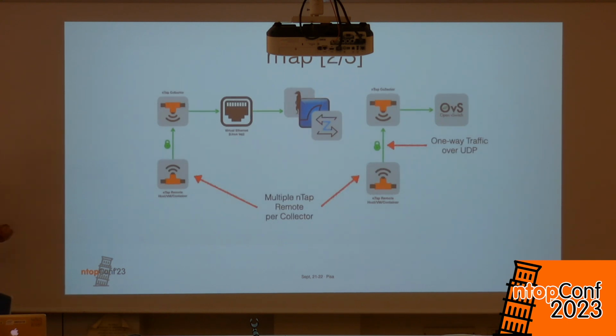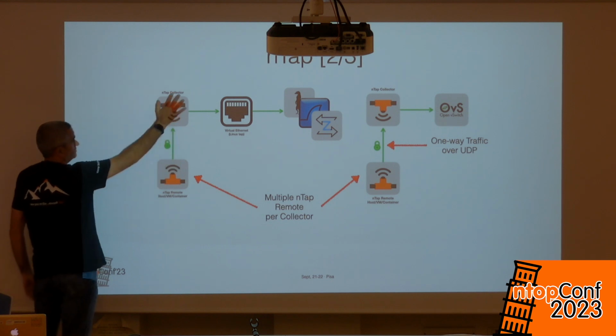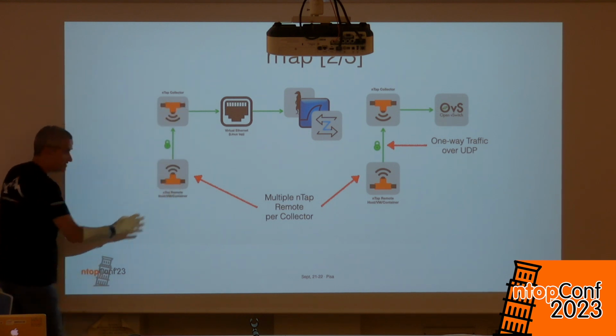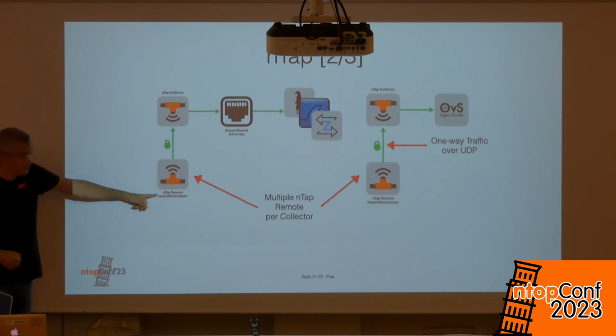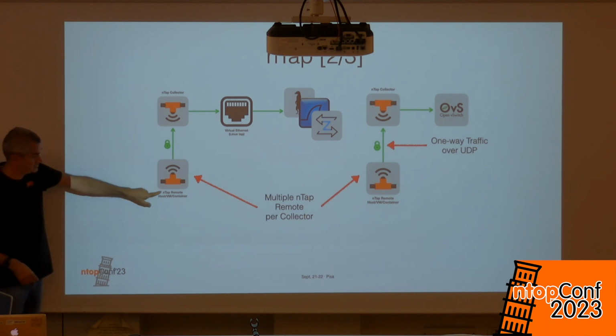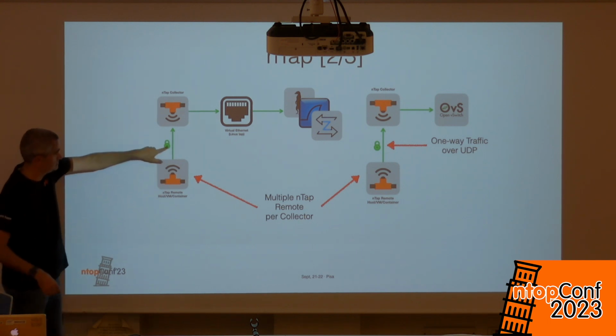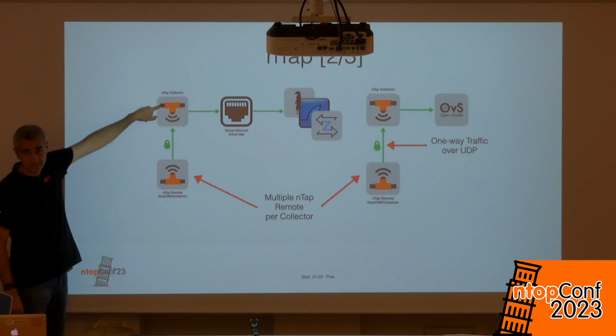So ntop in essence is based on two components, the remote and the connector. The remote has to run at the remote location. So in my case of the Wago PLC, you put inside the PLC a container with this. It's a very simple application, a few kilobytes. You put it there, and this one delivers packets encrypted to a remote collector.